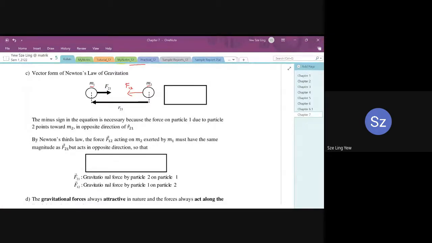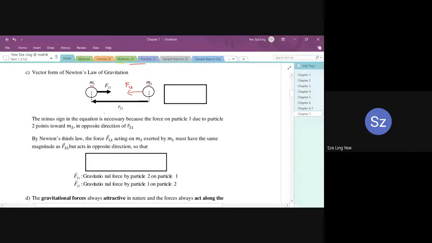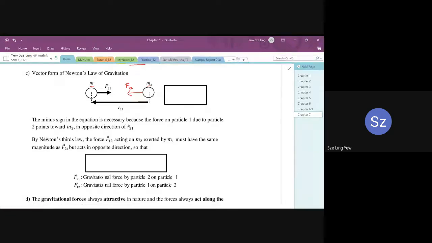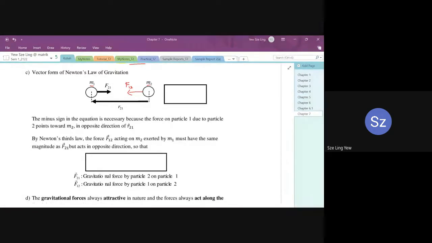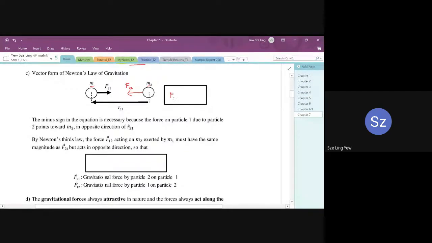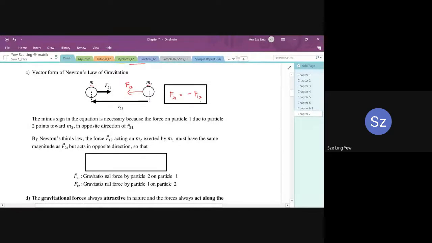So what is the relationship between F12 and F21? They are always opposite to each other with the same magnitude. So I would say F21 equals negative F12.